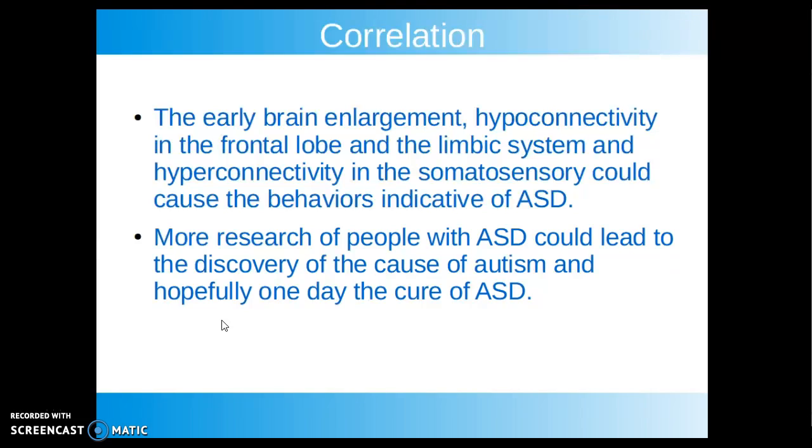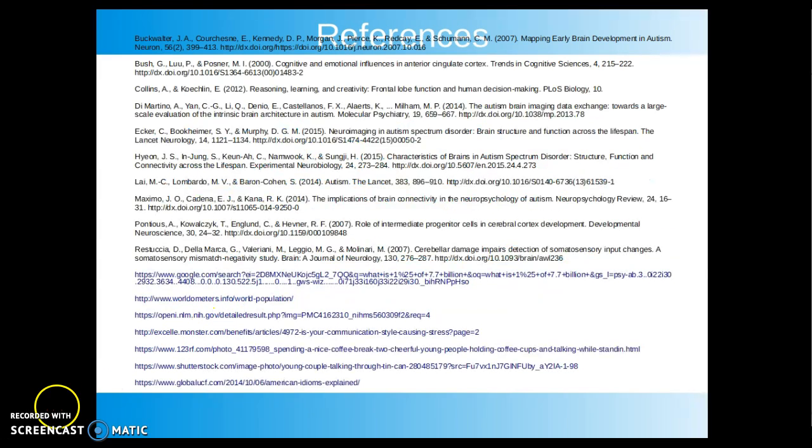More research of people with autism could lead to the discovery of the cause of autism and the cause of this actual hyperconnectivity and hypoconnectivity that is so prevalent in people with autism. And hopefully one day they will find the cure of autism. And that's the end of my presentation.